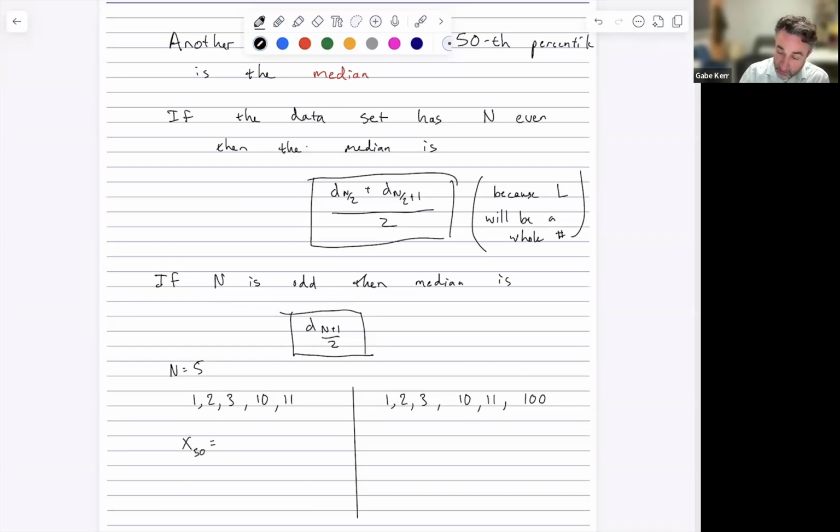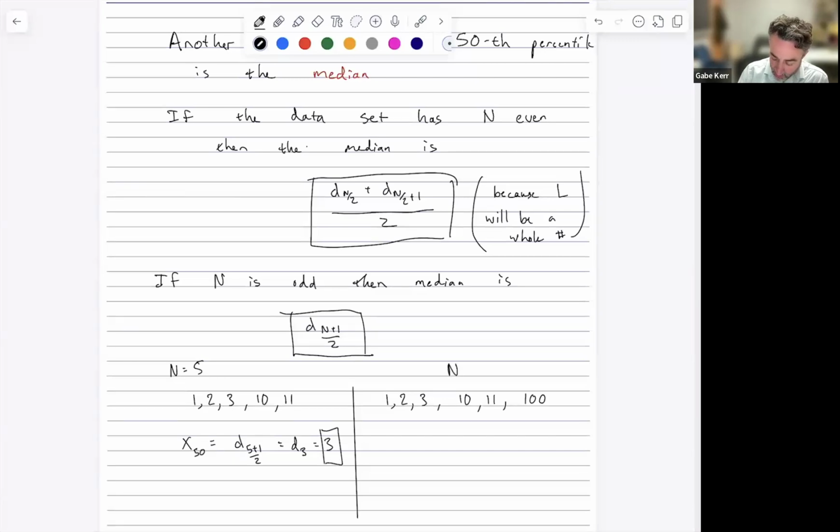It's just going to be the middle data point, right? These are already organized in increasing order. The middle is right here. It's going to be exactly d sub 3, or if you want to use the formula, 5 plus 1 over 2, that's 3. That's equal to d sub 3, which is equal to 3 in this case.